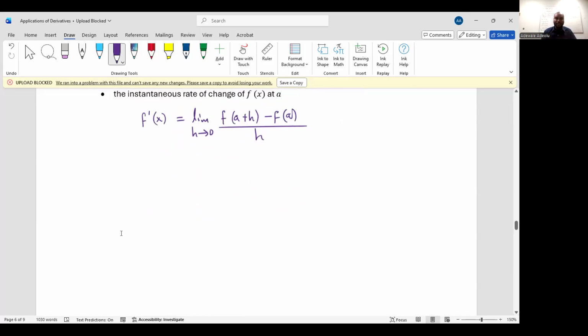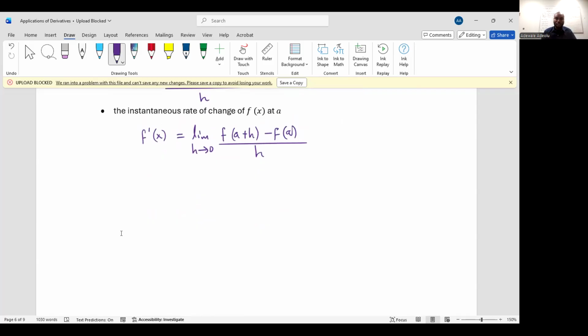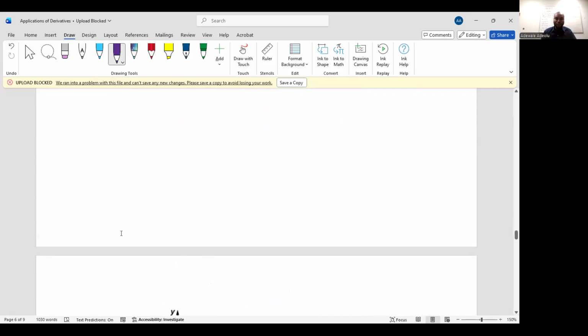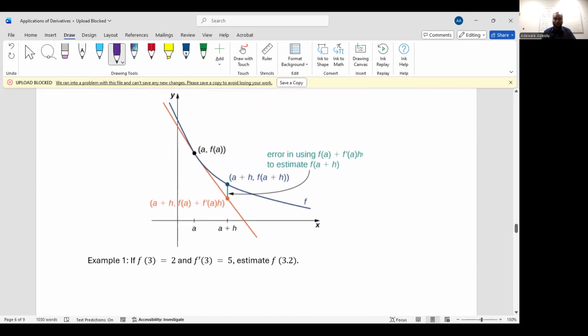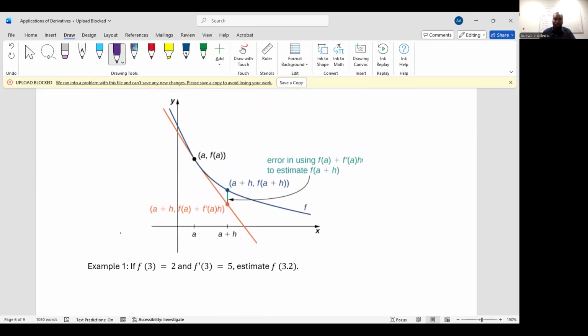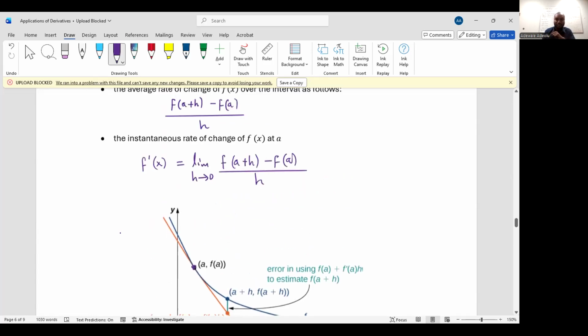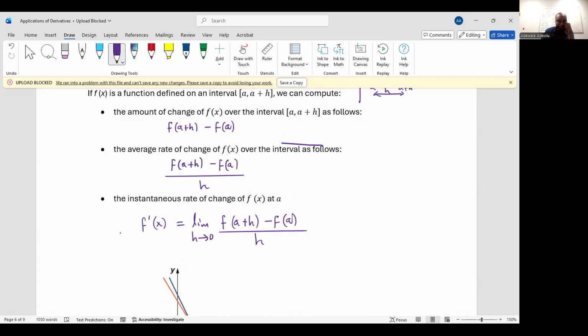Okay, now, if we compare what we have, let us look at this fine graph. So this is just at point A, here at point A plus h. Now, look at something. Our claim is that we can do something.